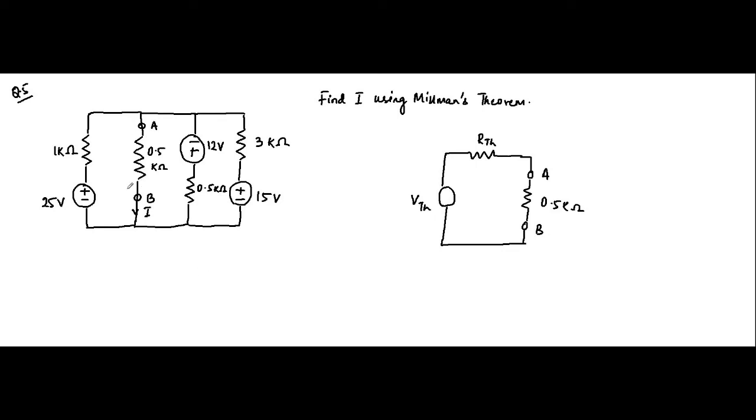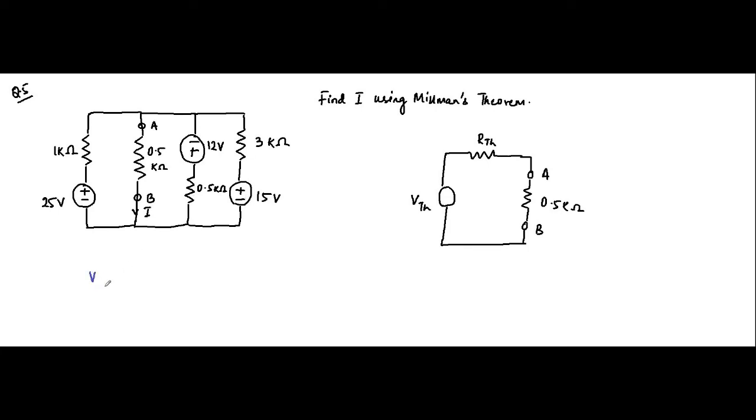So excluding this 0.5 kilo ohm resistance, name the resistances and voltages with serial numbers. This is V1, this is R1, this is V2, this is R2, this is V3, this is R3.